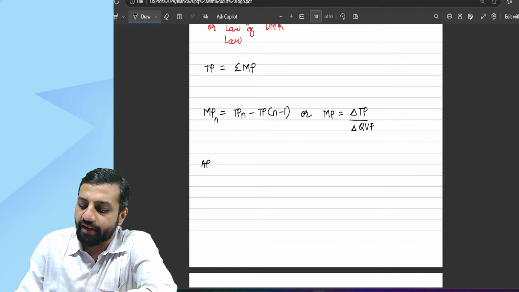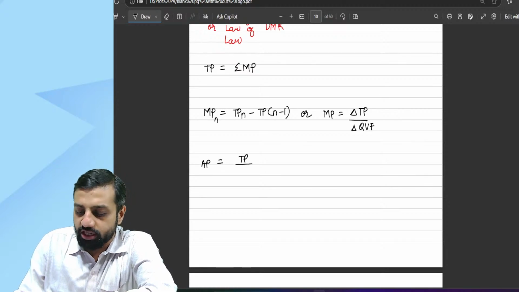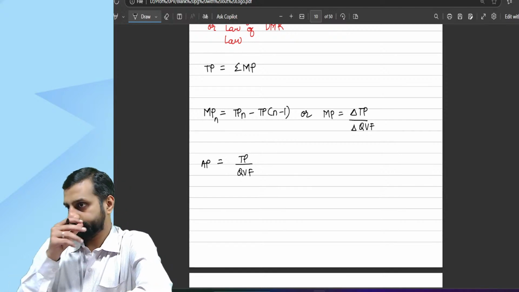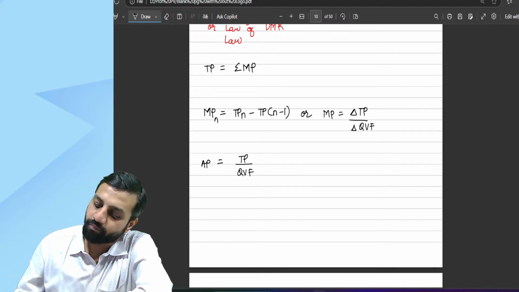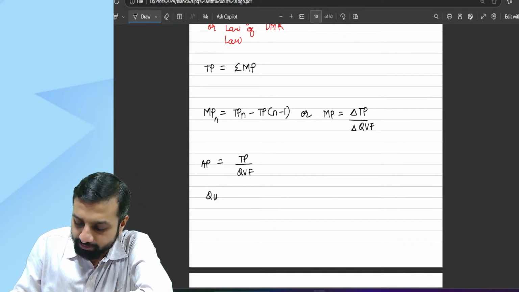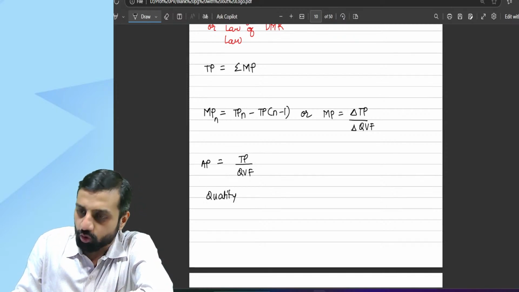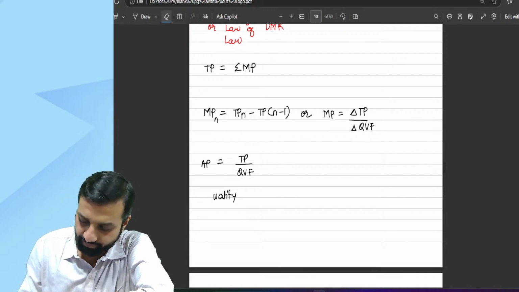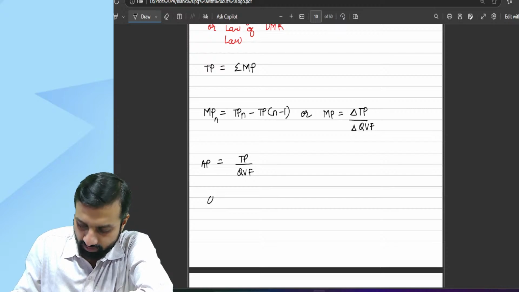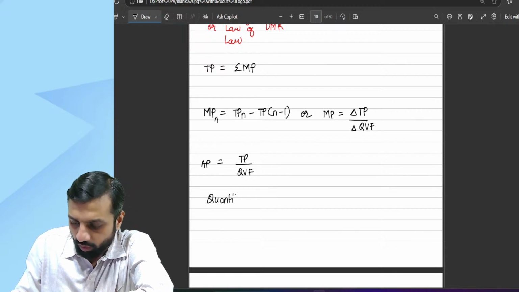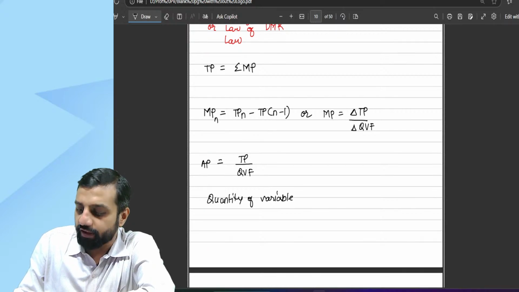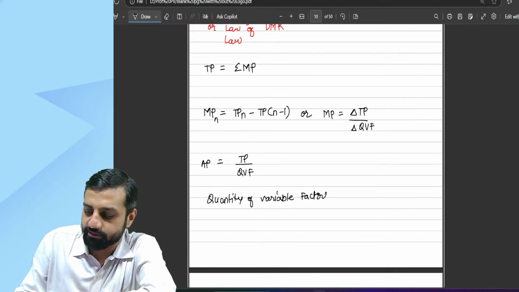And then we have average product, which is TP upon QVF. QVF means quantity of variable factors.